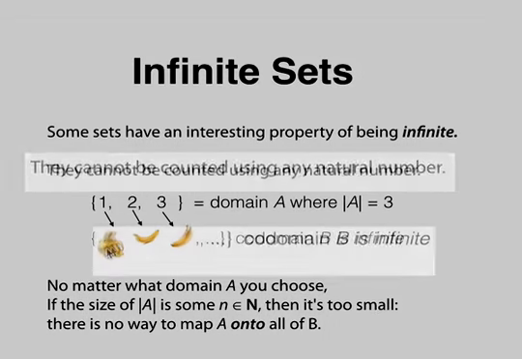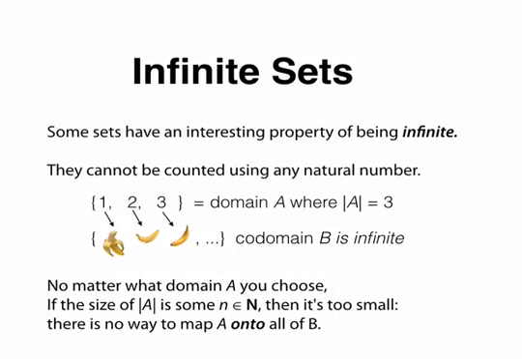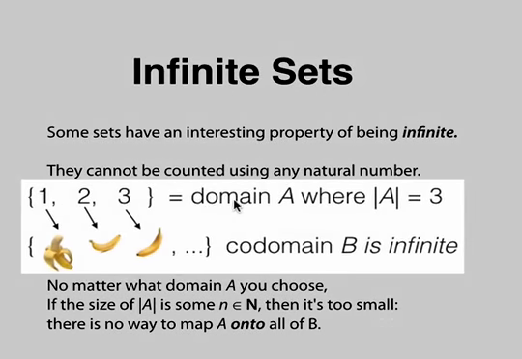Suppose that I have here an infinite set of bananas. This ... indicates that the set of bananas has no end. What that means is that suppose I had a domain that I wanted to map onto these bananas, and the domain had exactly three objects, three numbers or whatever.